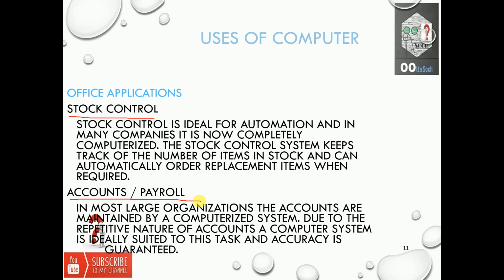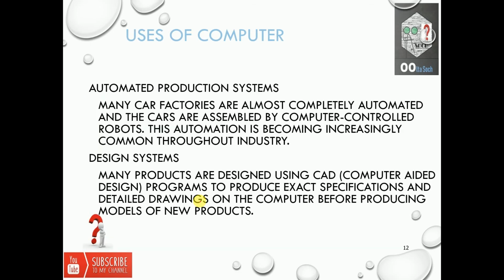All these things are maintained by computer, and it needs accuracy. Due to the computer's accuracy and quick action, we use it in the office for controlling stocks, accounts, payroll, operational works.